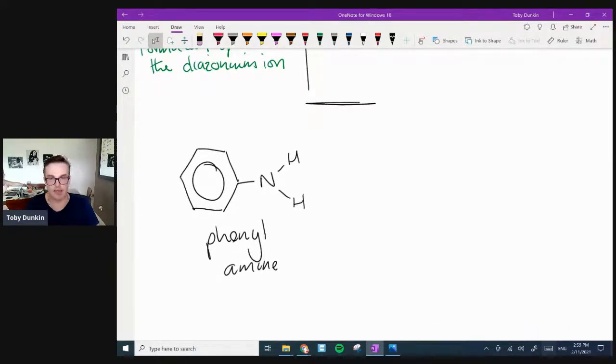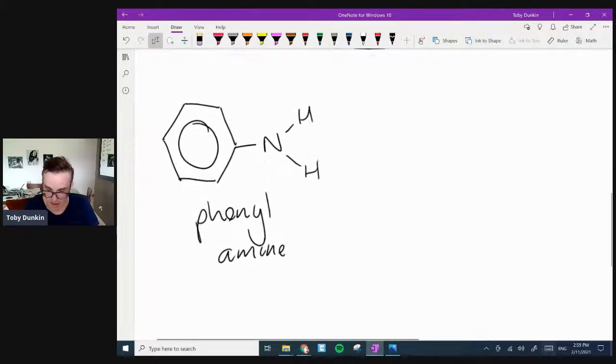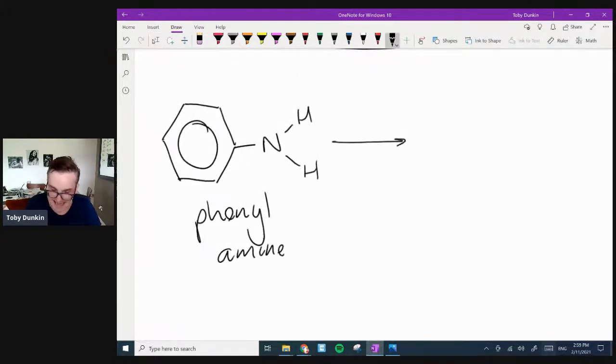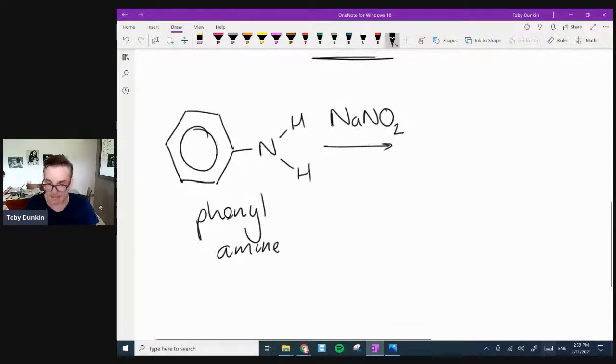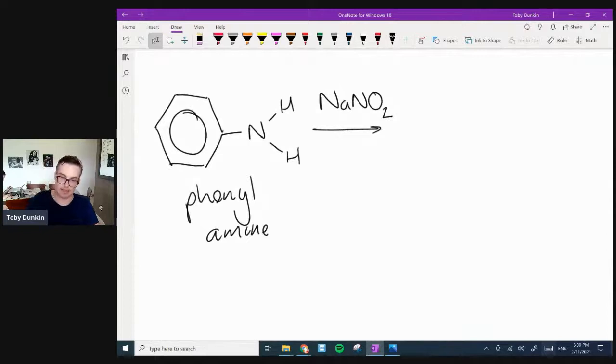Now in order to do this, this is where Edexcel are a bit odd. They require one reagent and one temperature, and it's not entirely correct, which is a bit irritating. What we need to know is that we are going to add sodium nitrite, but then it should be HCl.